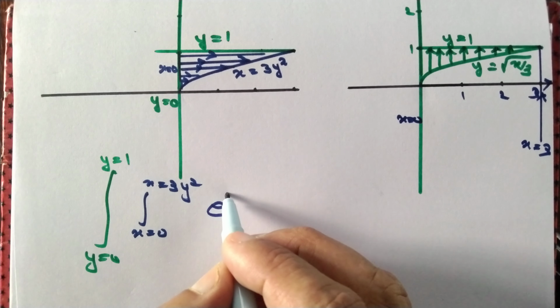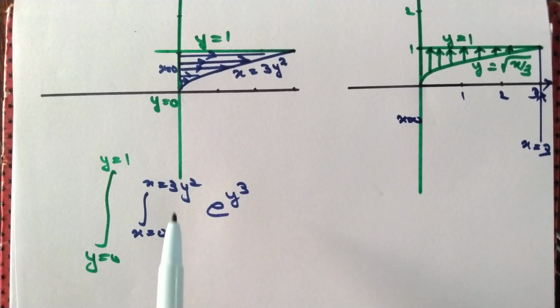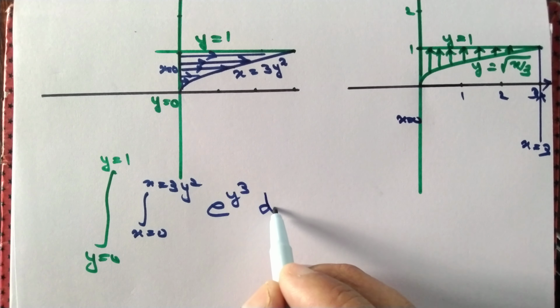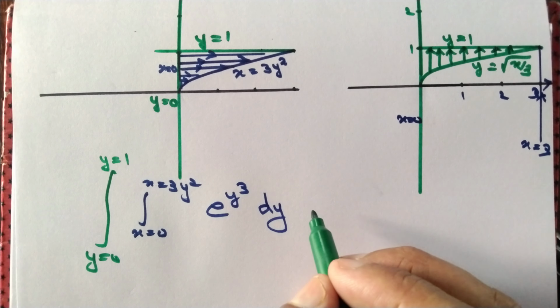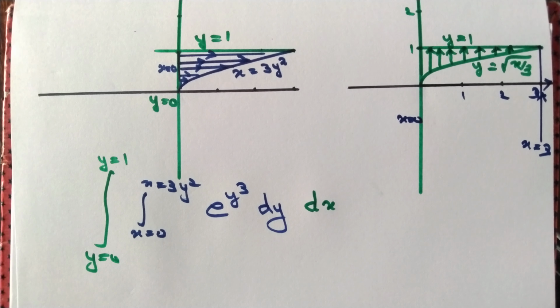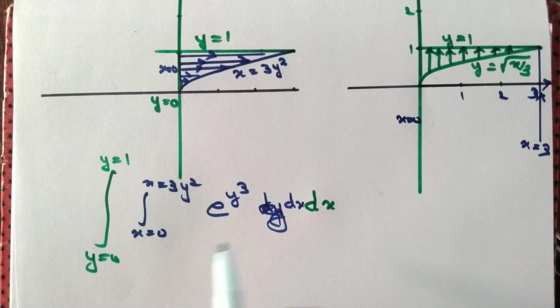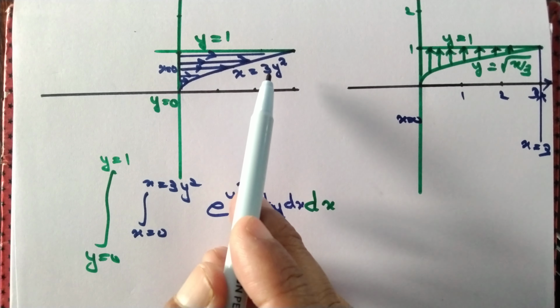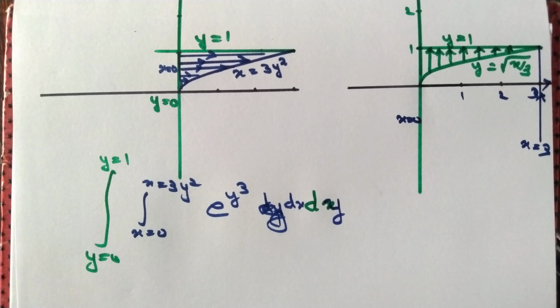So the given integral must be equal to the integral of x from 0 to 3y square of e to the power y cube dx, and that has to be subsequently integrated with respect to y.